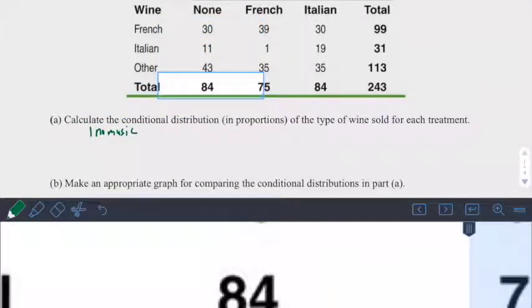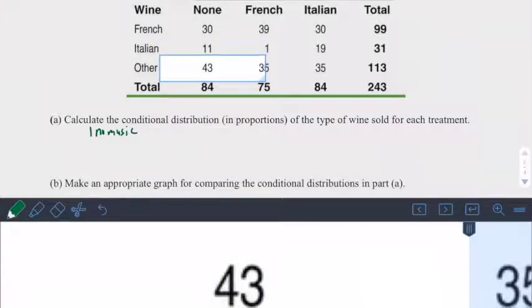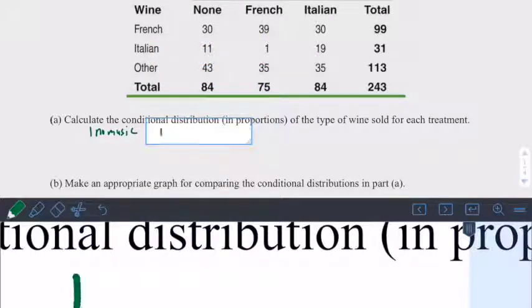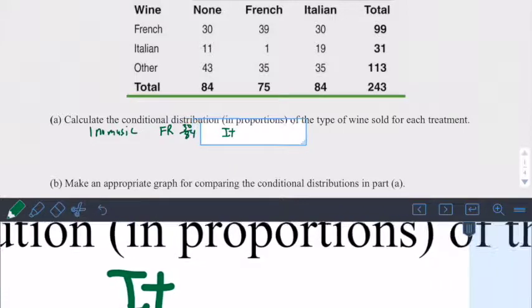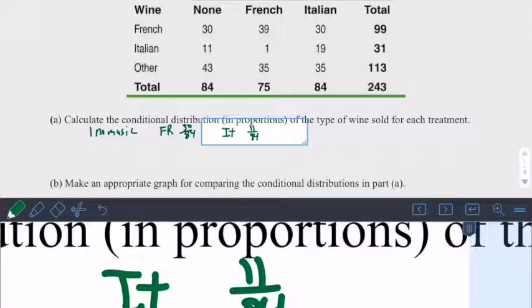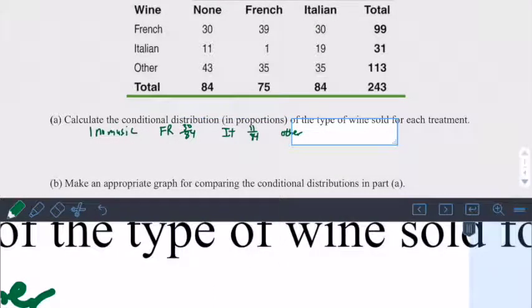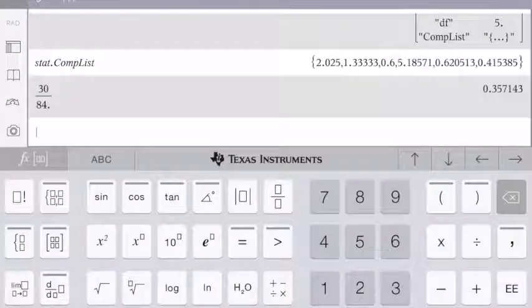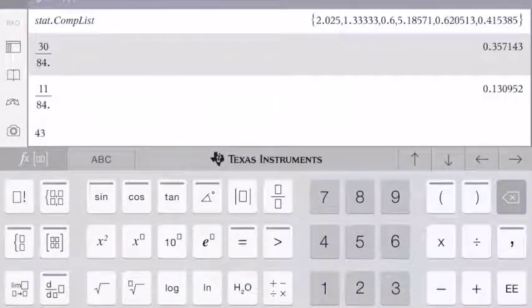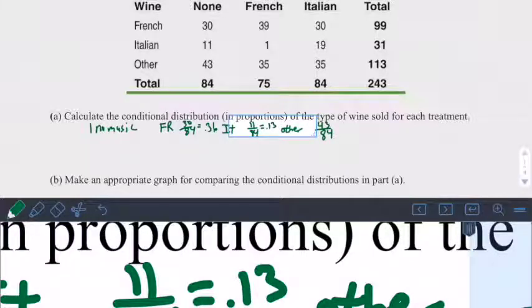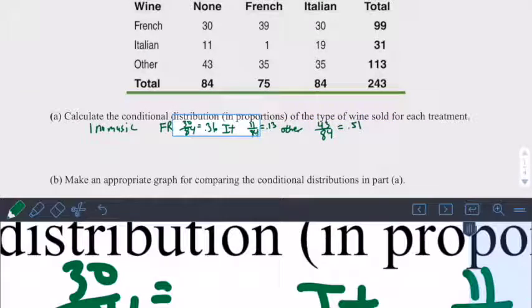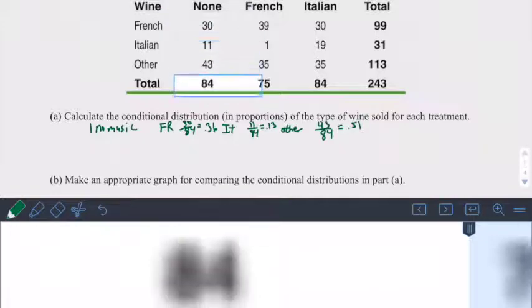So 30 out of 84, 11 out of 84, and 43 out of 84. So this is kind of our baseline because there is no music given.